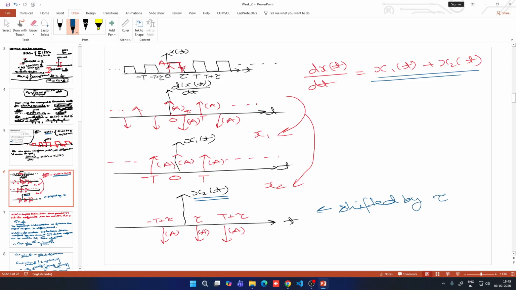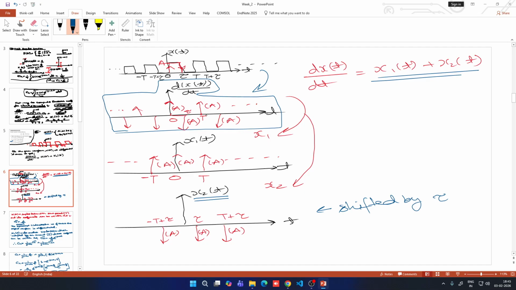If you take a differentiation, we will get some impulses. Until this part is clear, right? dx by dt is clear. Yes, sir, it's the differentiation of the initial signal.